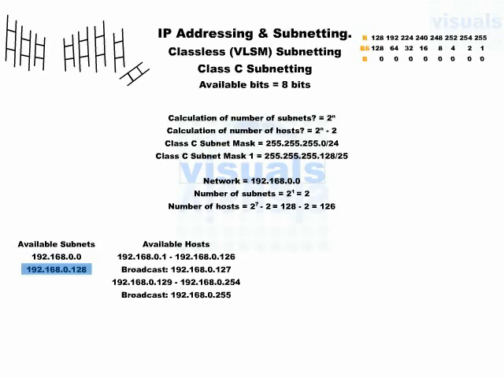So with this difference, we are getting two networks. From these 2 networks, how many hosts are we getting? For each network, we are getting 126 because we have deducted 2, and this is the formula to calculate the number of hosts.